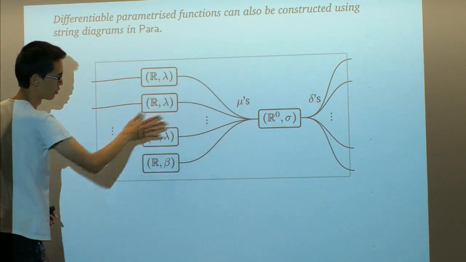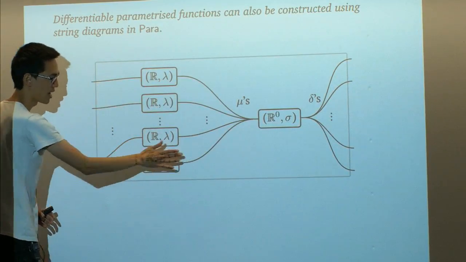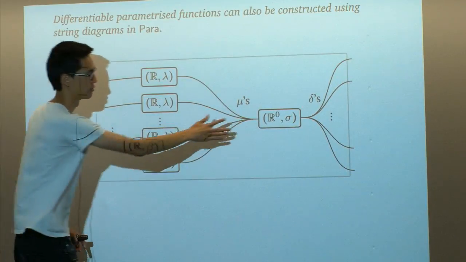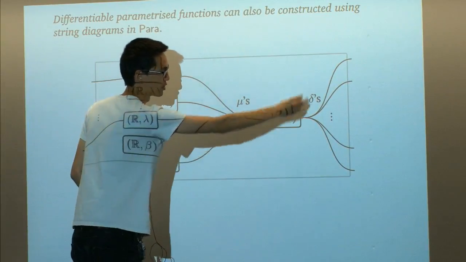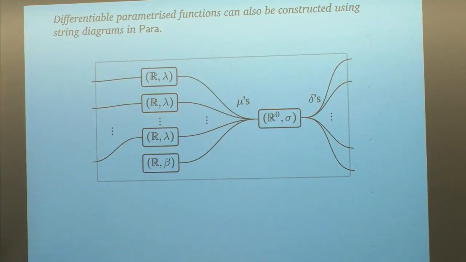We multiply by the stored weights. We pull out this bias. We add them all together. We shove them through the activation function, and then we copy them out to all other neurons that take that as input. So the image of the category NNet lies in the subprop generated by these things.